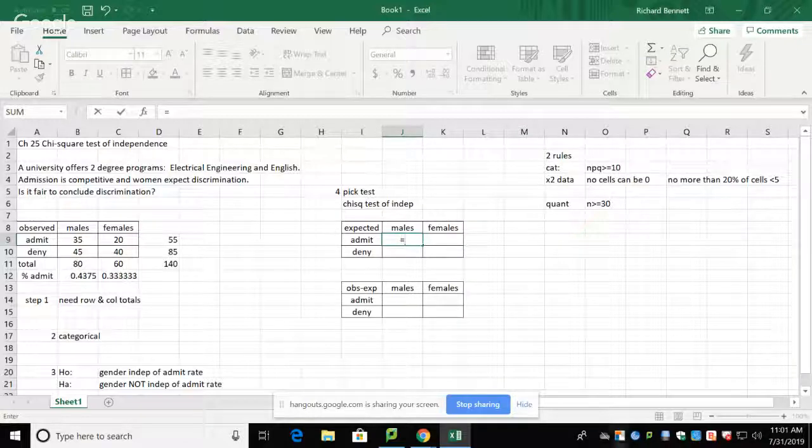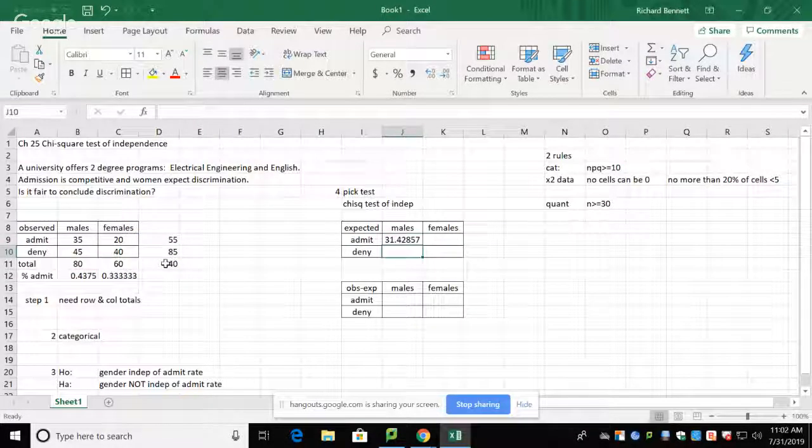Equals the row 1 total times the column 1 total divided by the grand total. Okay? Does that make sense?